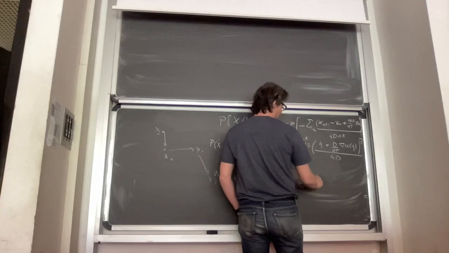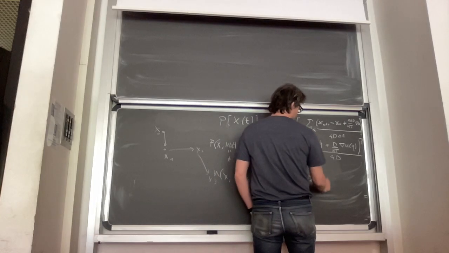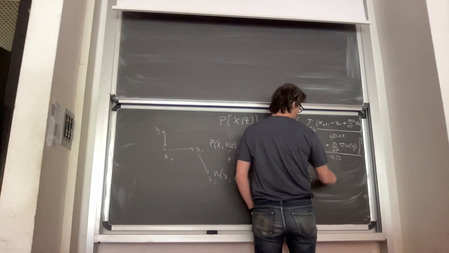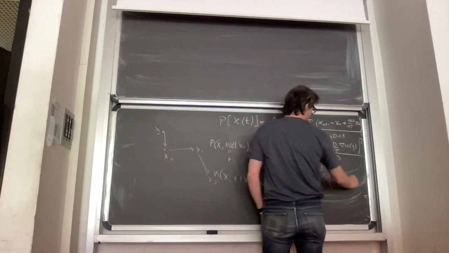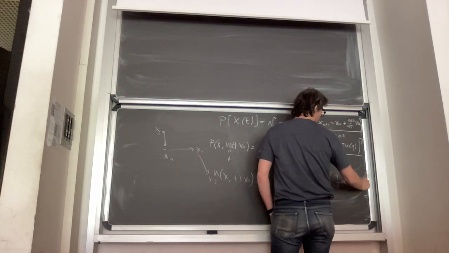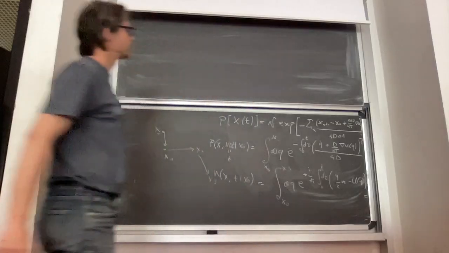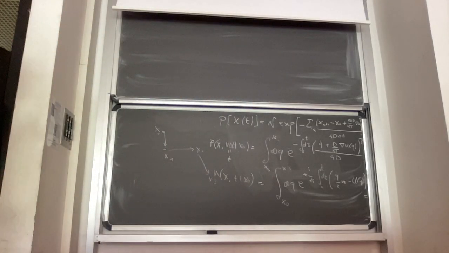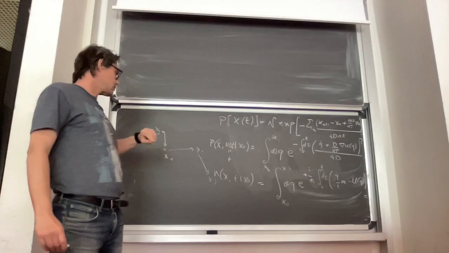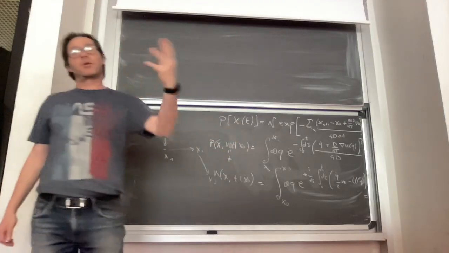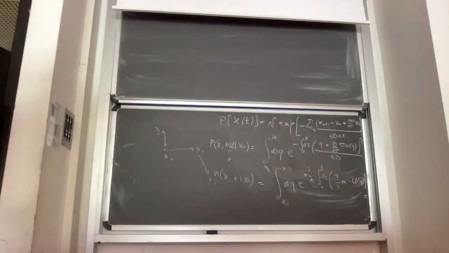This is the Planck's, the Dirac's constant, the integral over paths q of e to the i over h bar times the action, with the kinetic term minus u of q. Right. And he emphasizes both the analogies and the differences between the two.